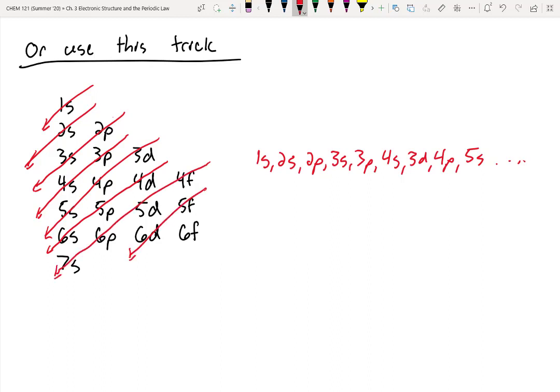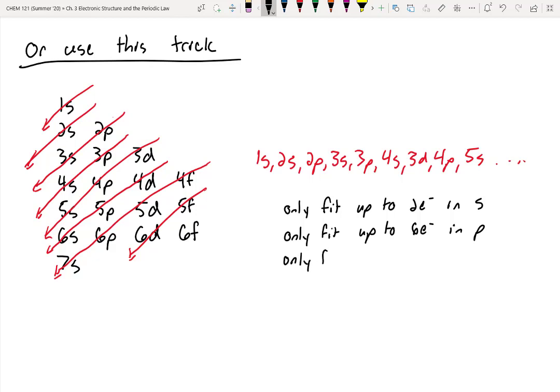All right, so I hope that makes sense. You can use this to predict, but like I said, you can only fit up to 2 in an s, and you can only fit up to 6 electrons in a p. Sorry about my sloppy handwriting.